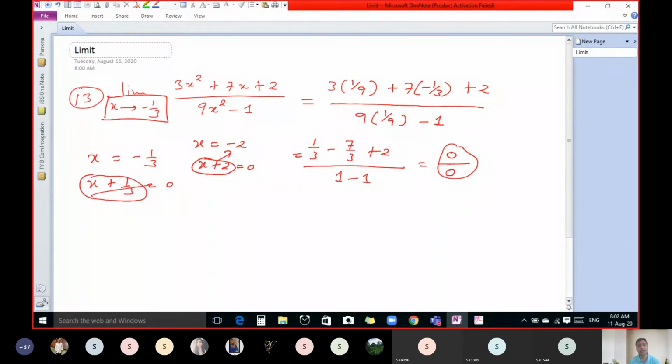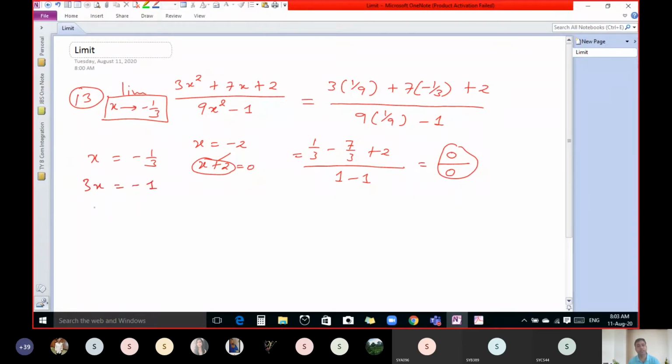But instead of doing that, because this number is in p upon q form, first of all take this 3 to this side. So here if we take 3 to this side, we get 3x equal to minus 1.